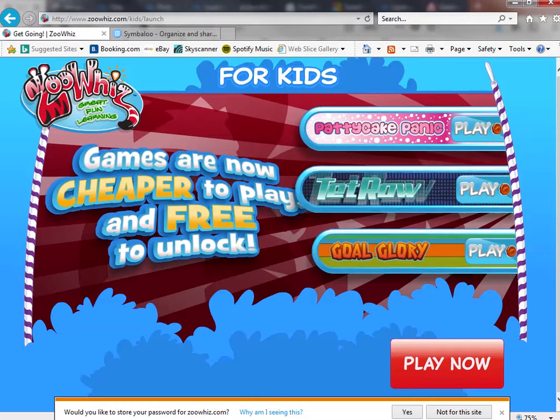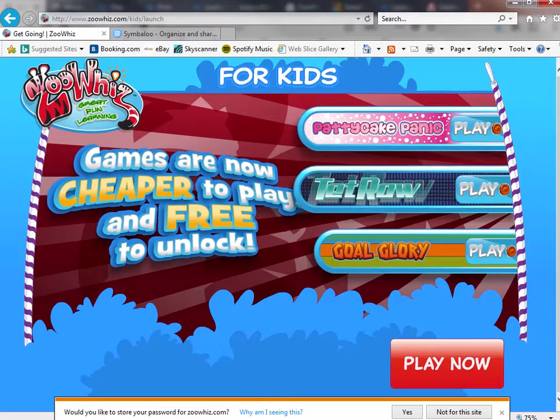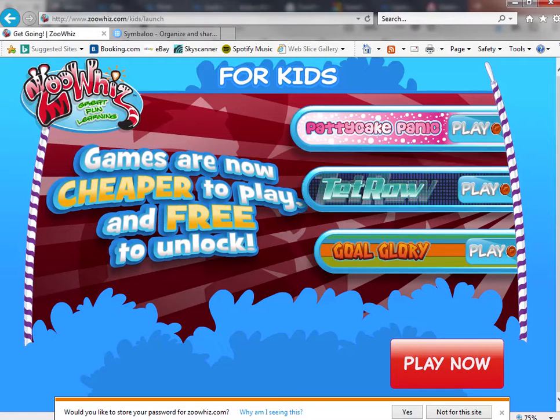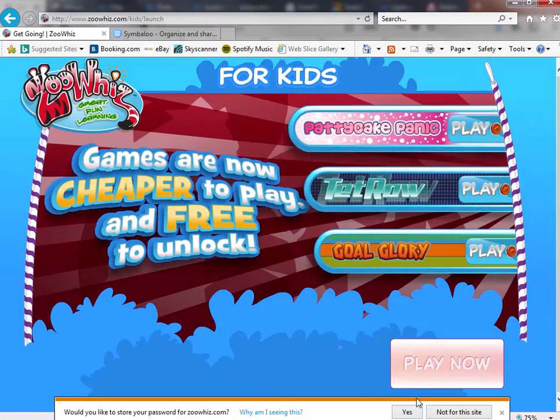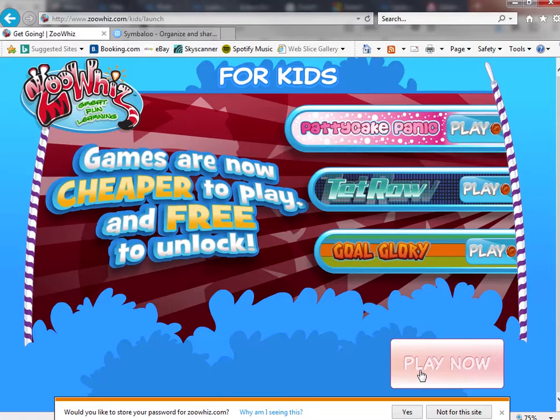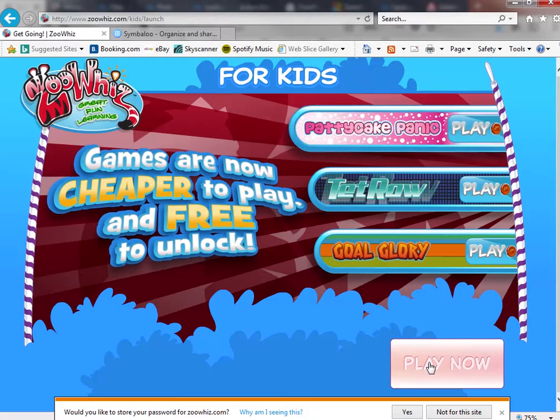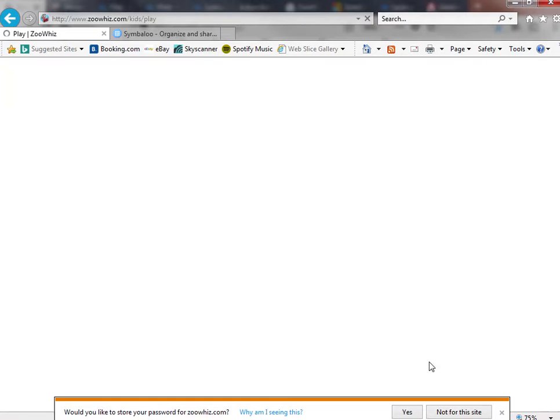Now, before you can see there, it comes in with very exciting stuff, and so it tells them about the games. Kids love games and the like, and so just hit play, and that is being played.